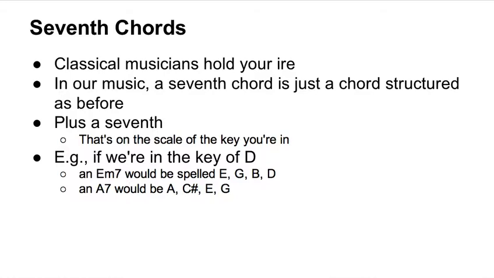An A7, again, would be A, C sharp, E, and G in the key of D. So this is one of those that is going to be immediately confusing for classical musicians. This is what you would consider a dominant seventh chord, but that doesn't mean that every time you see a seventh chord, it's a dominant seventh chord.